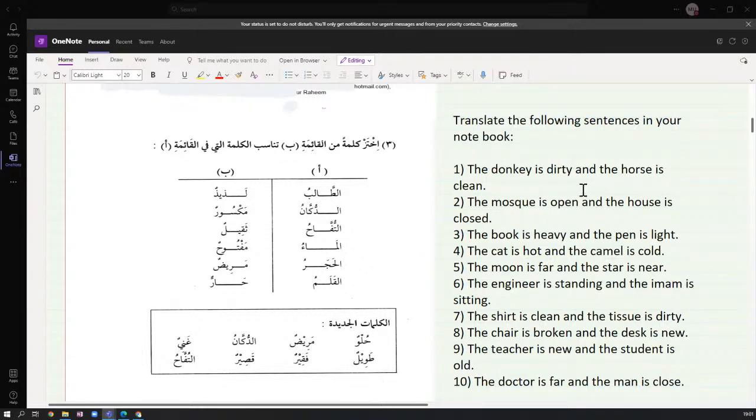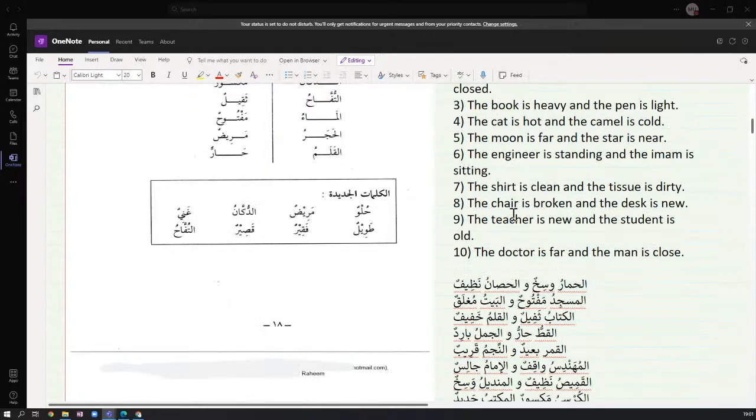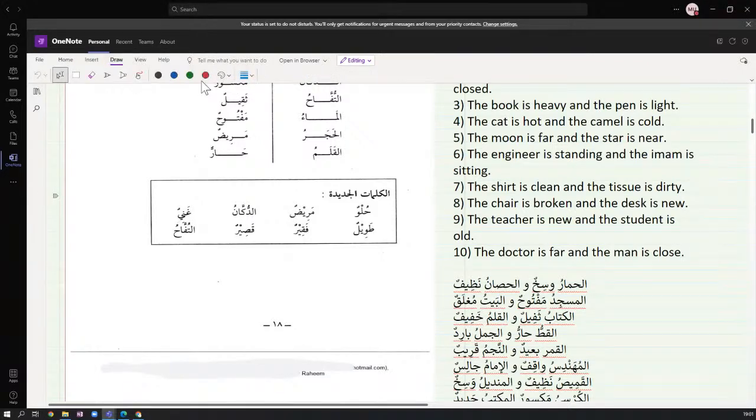So the homework set last week was translate the following sentences in your notebook. Number one was the donkey is dirty and the horse is clean. So as we have here, it says الحمار وسخ والحصان نظيف.